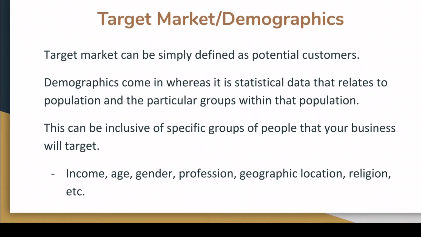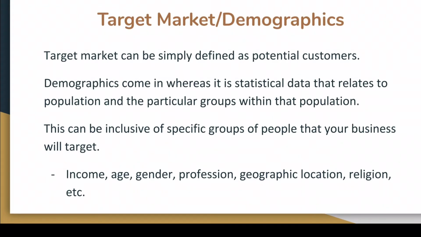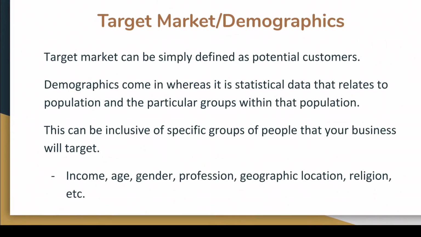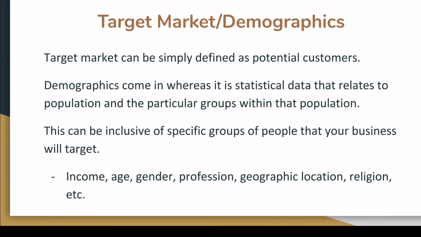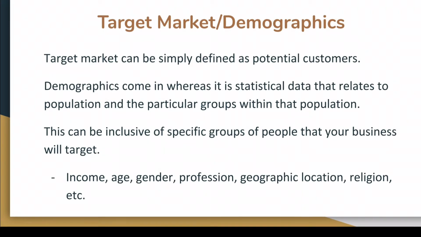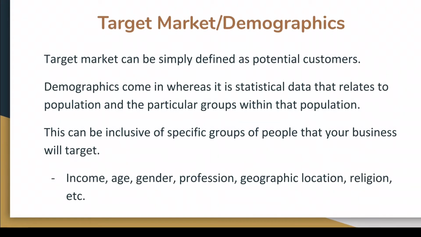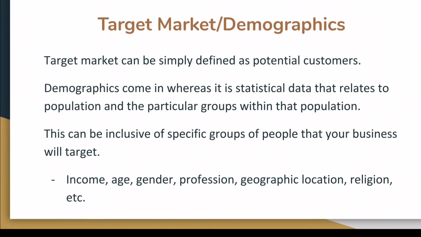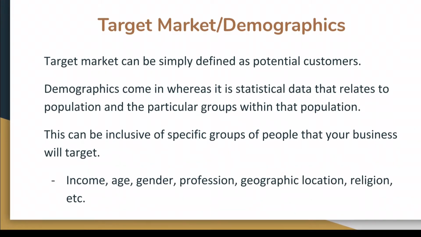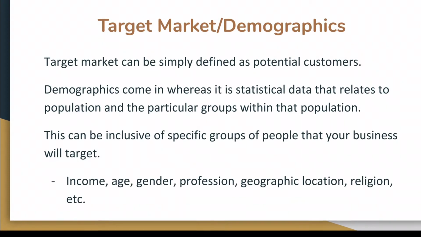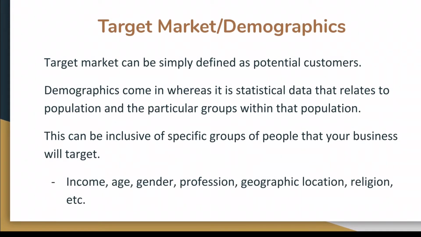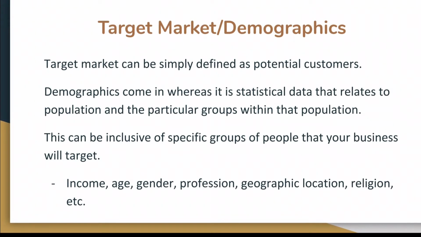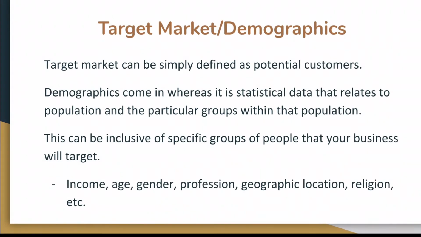Next, we have the target market and demographics. A target market can simply be defined as potential customers. Potential customers can be anyone who can potentially purchase your product or service. So whether you are selling bed sheets or hair or makeup, you're going to want to know who your target market is.